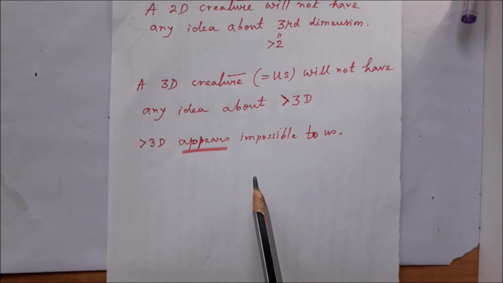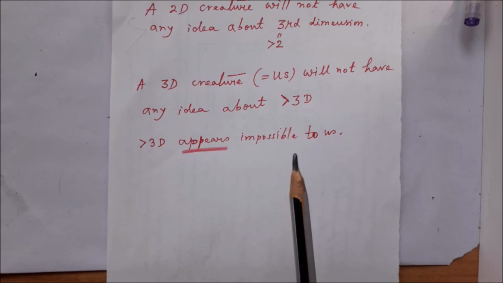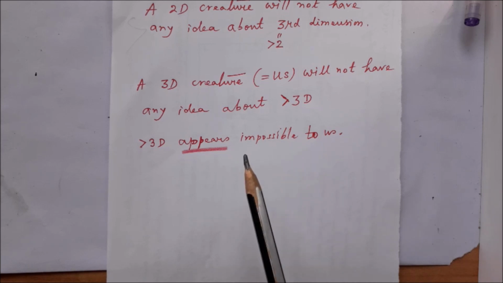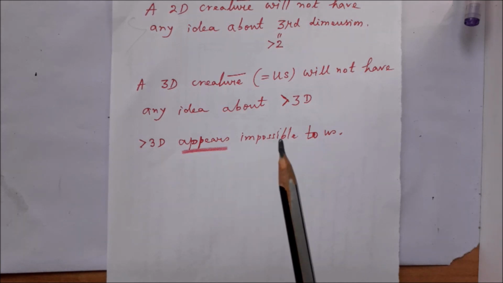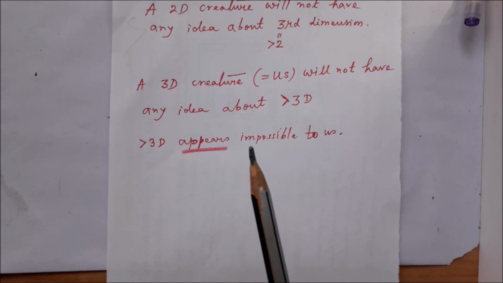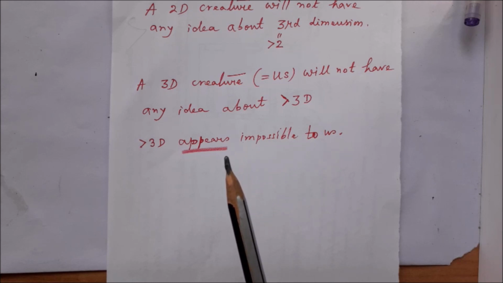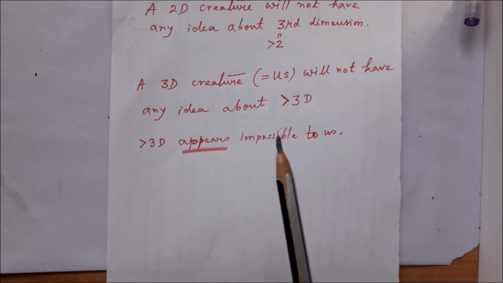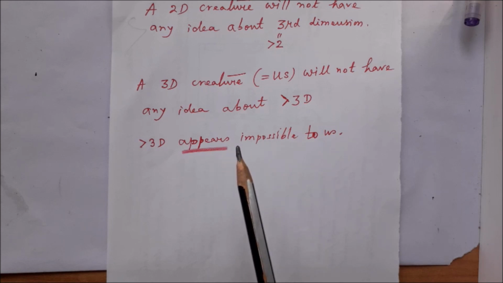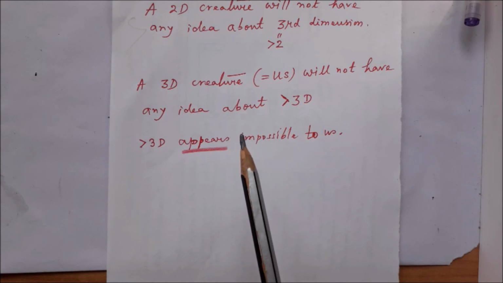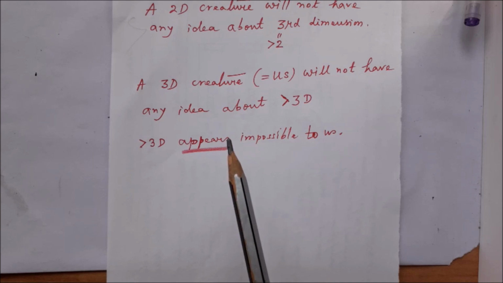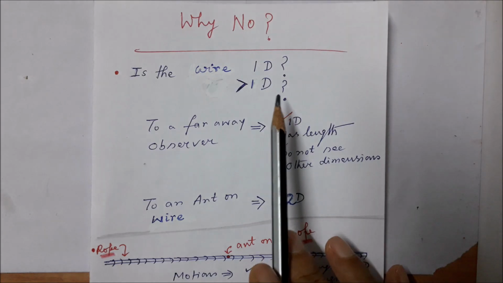We ourselves have a height, a width, and of course a depth, and no other dimension do we possess. Further, any direction whatsoever we can think of can be resolved as a linear combination of the three directions. So imagining greater than 3D is something that is not possible for us.